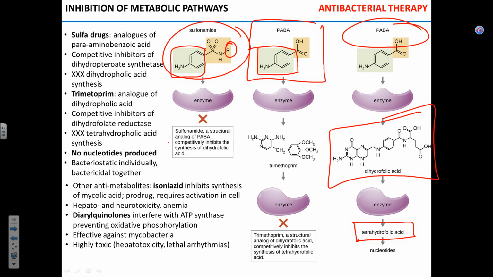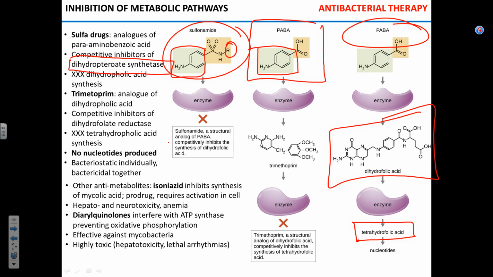So if it binds to the active site instead, what type of inhibition do we see here? Competitive, yes. So sulfonamides are competitive inhibitors of this enzyme.